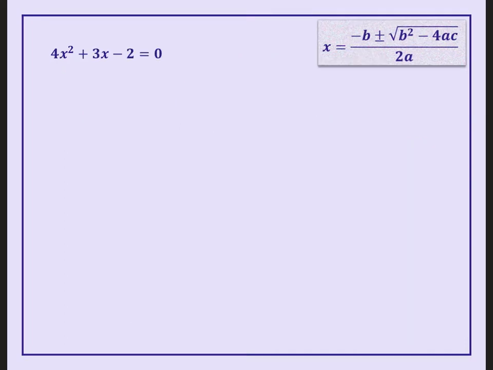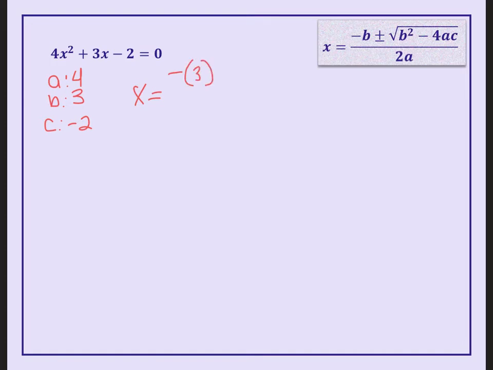Okay, the next problem will increase in speed just a little bit. We have A, we have B, and we have C. Everything is already on one side, so I'm going to label my A as 4, my B is a +3, and my C is a -2. Using the quadratic formula, I have x equals -b.